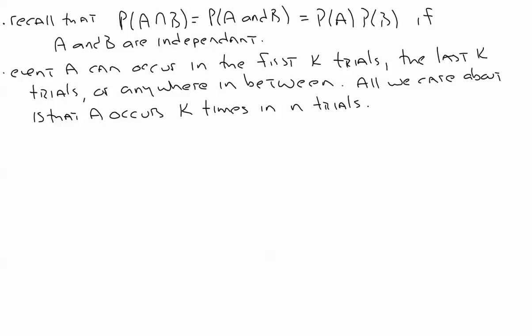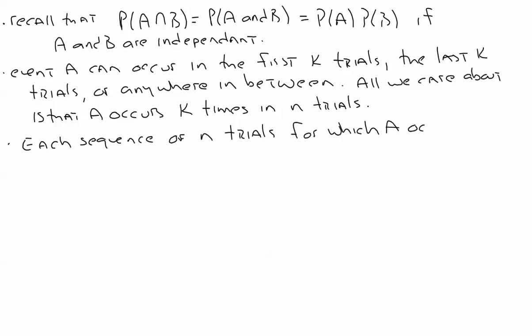All right. Another thing to keep in mind is each sequence of N trials for which A occurs K times are equally probable.